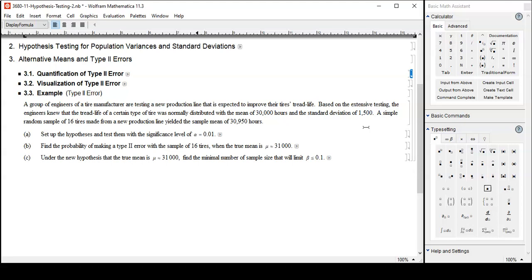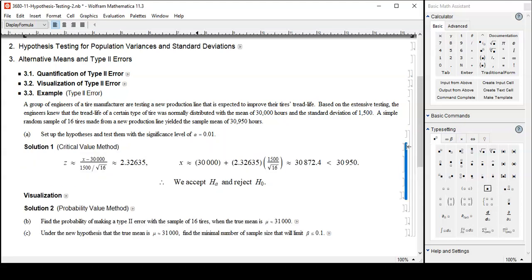And a simple random sample of 16 tires made from the new production line yielded the sample mean of 30,950 hours. Okay, a bit of improvement, but was it sufficient evidence to declare that we have an improvement? Well, set up hypotheses and test them with the significance level of 0.01, which is something we had been doing before.